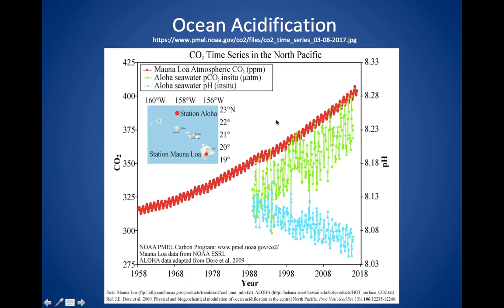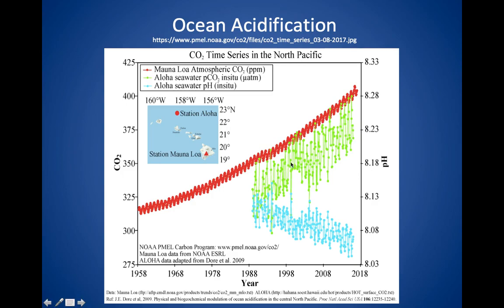Okay, another problem with extra carbon dioxide in the atmosphere is what's called ocean acidification. When carbon dioxide dissolves in seawater, it forms what's called carbonic acid. So it makes the ocean more acidic.